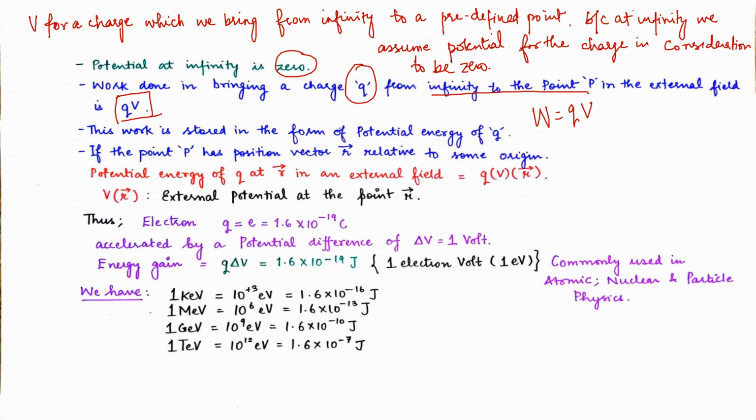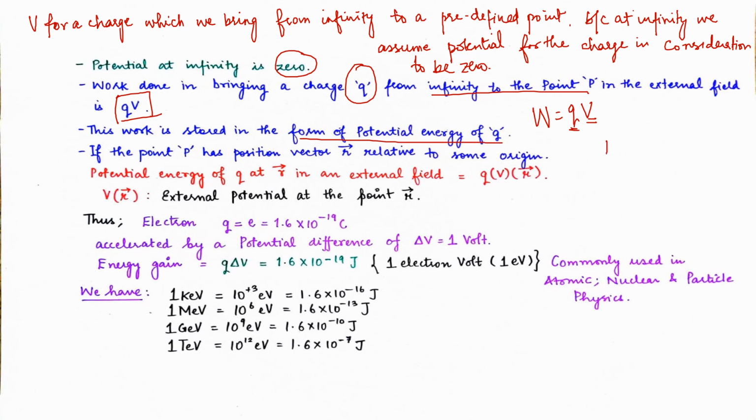It is given by the charge under consideration and the potential we have got by bringing that from infinity. This work is stored in the form of potential energy of charge Q.